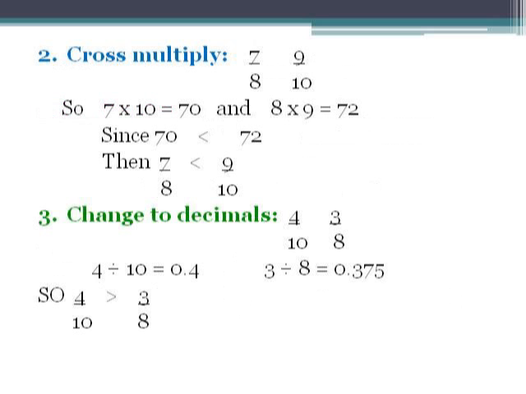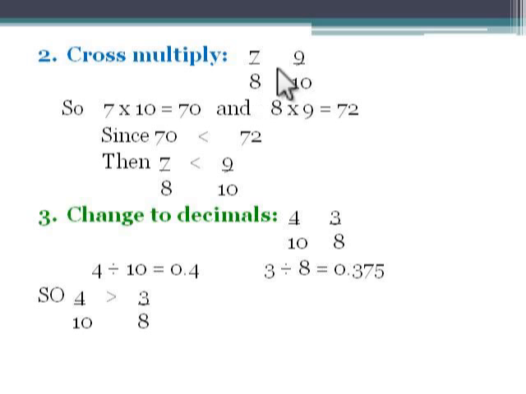Now let's look at another way. Another way to do it is to cross multiply. So you multiply the two that are diagonal from each other, 7 times 10 and 8 times 9. The trick on this is you have to make sure that the product of the diagonal goes on the side where the numerator is.